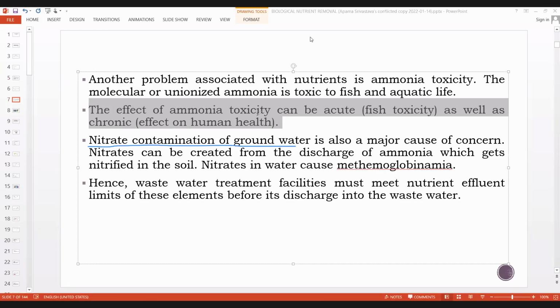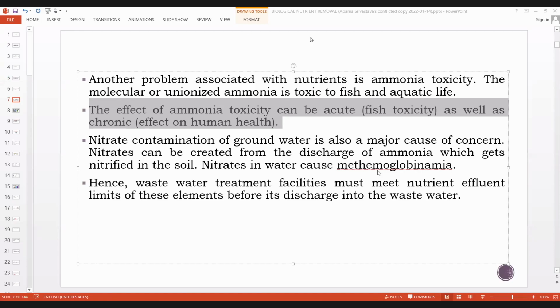Government is going to invest a huge fund for organic farming. Now, nitrate can be created from the discharge of ammonia, which gets nitrified in the soil, and nitrate in water causes methemoglobinemia.